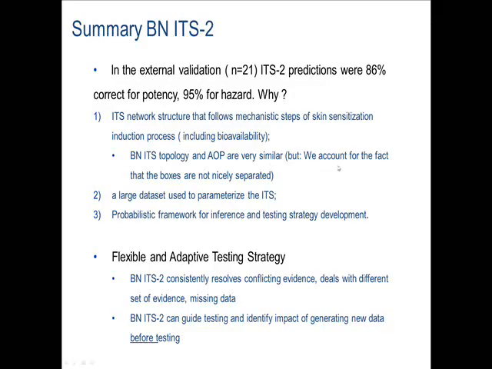But since we can look at this interdependence of the different boxes, we account for the fact that not all is so nicely separated in this process. And it is a probabilistic framework, so we don't have just the flow, it goes into one box or the other, but we can always calculate what is the likelihood that something falls in one or the other box.